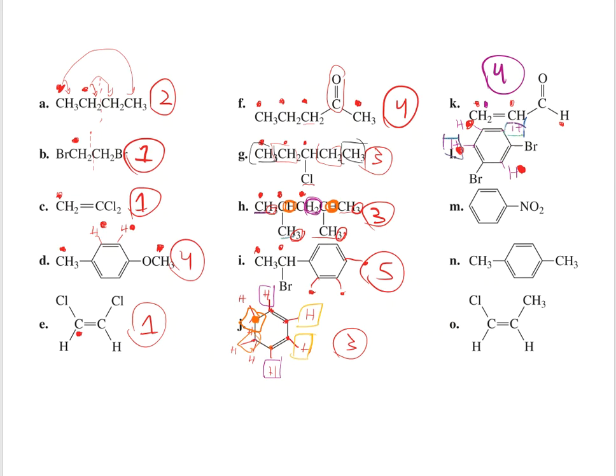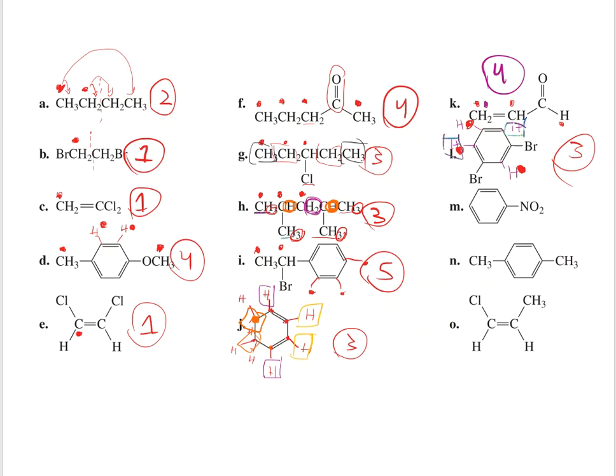There is no difference. They are equivalent at that spot. So I'm going to get a signal in between the two bromines. Then I'm going to get a second signal 1 spot away from the bromines. And then I'm going to get a third signal that's 2 spots away from the bromines, which gives me a total of 3 signals.